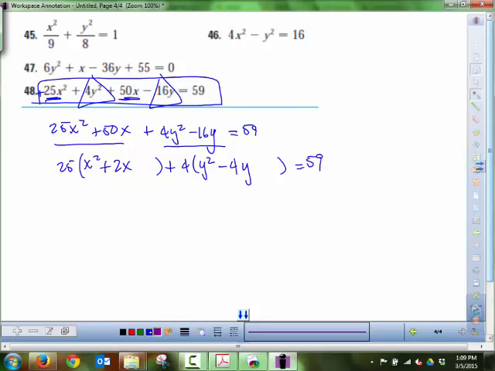And then this is where I try to figure out how to complete the square. First one, what do we add? We add a 1 here, but we're actually adding 25 times 1. And then the second one, plus 4, and we're actually adding 16.